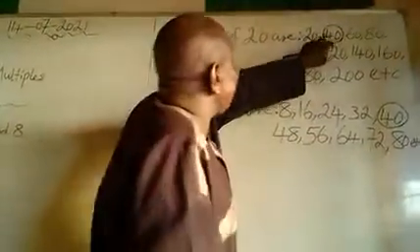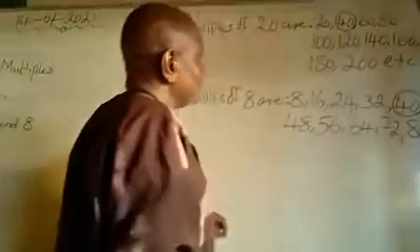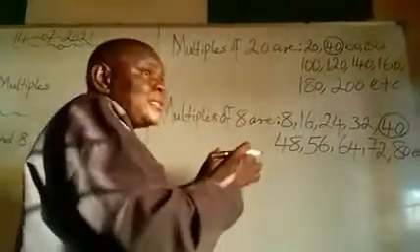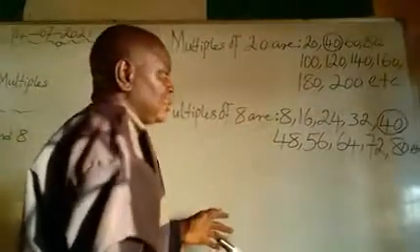We have 40 here. We also have 40 here. These are the lowest common multiples.